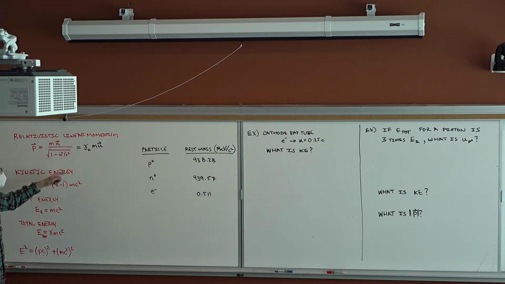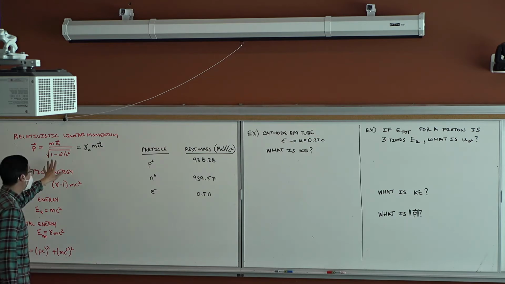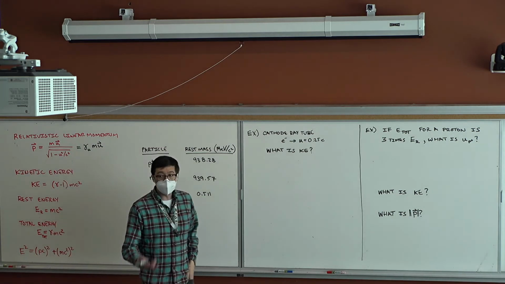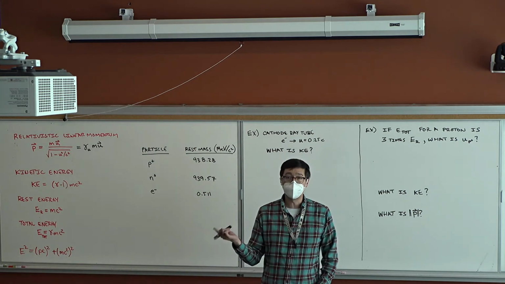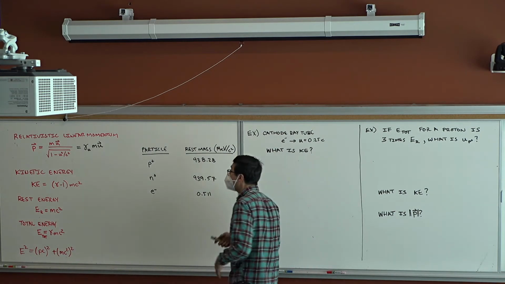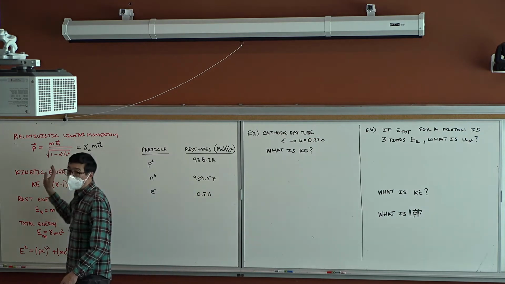This looks a lot like the other gamma that we were using, right? But remember that the other gamma wasn't 1 minus u squared over c squared under the radical. It was 1 minus v squared over c squared. The difference being that v was the relative velocity between the two reference frames that we're measuring something. This is something that you're looking at within your own reference frame.